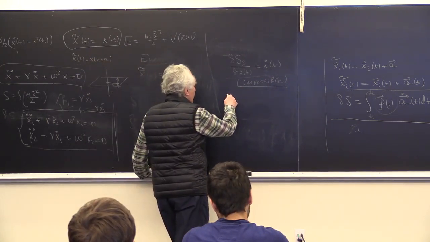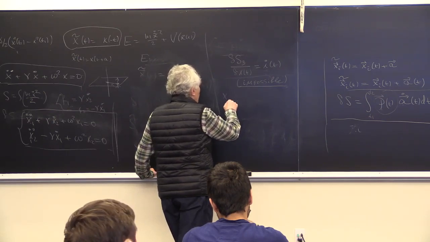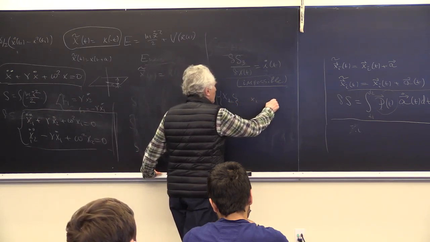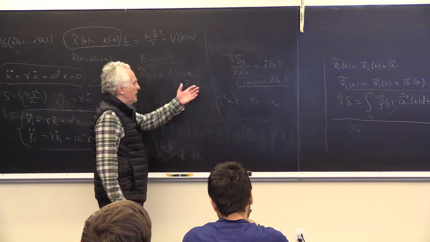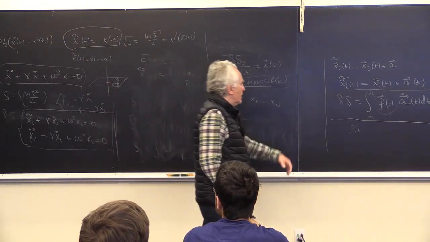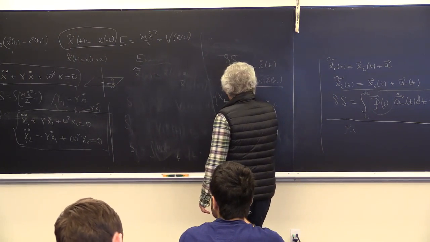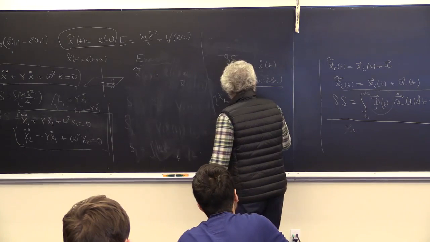As we discussed several times, we now have variables x_t, x_1. t is discrete time, so we discretize time. And the action is some function of these.